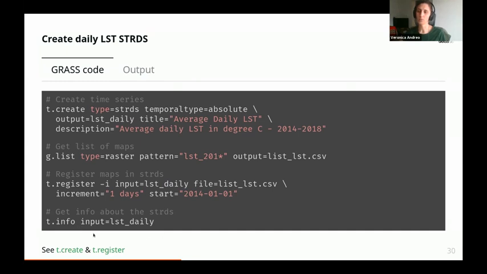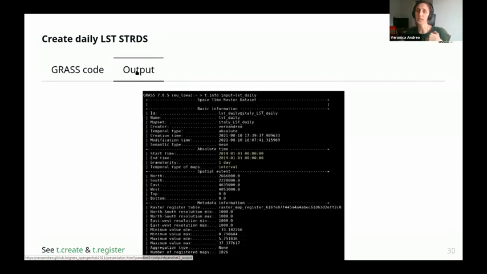And then we can ask for info about this time series. And basically what we get after running all those commands is an output like this, in which we can see that the start time is January 1st and the end time, since this is an open interval on the right, is January 1st, 2019.